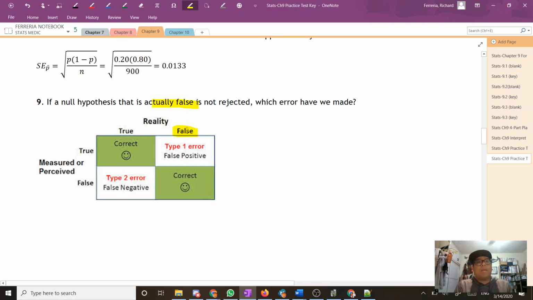Okay? Is not rejected. So if it's not rejected, ugh, I don't like this one at all now that I look at it. So the null hypothesis that is actually false is not rejected. So we think that it's true. That says that we made a type 1 error, false positive.